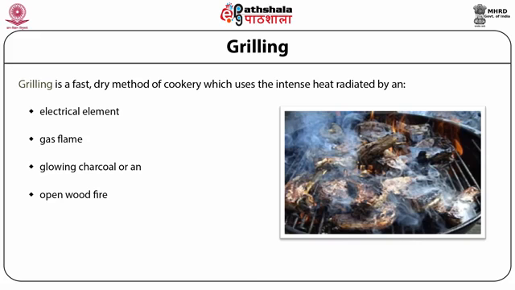Food to be grilled is cooked on a grill, an open wire grid such as a gridiron with a heat source above or below. A grill pan is similar to a frying pan but with raised ridges to mimic the wires of an open grill, or a griddle, a flat plate heated from below.